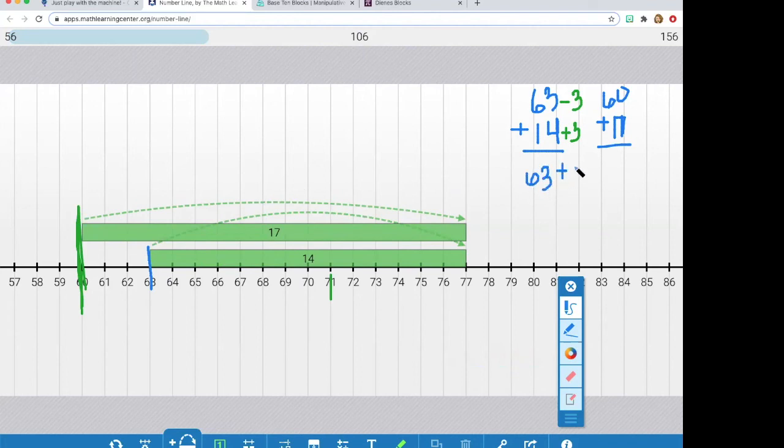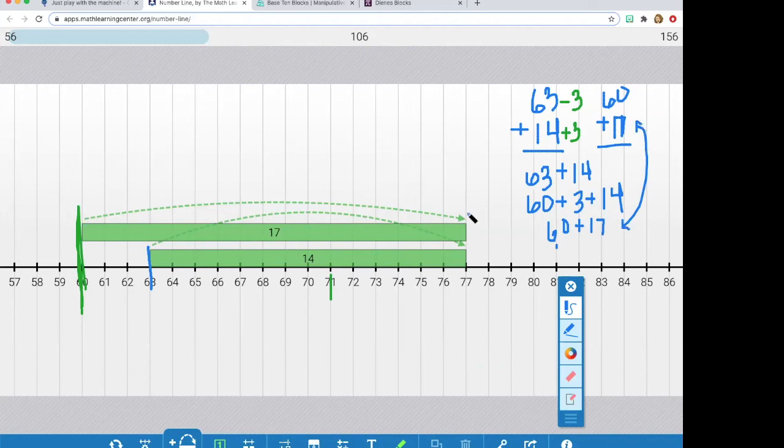63 plus 14, and so I'm going to write it this way in case it helps you too. 60 plus 3 plus 14. And now we can associate the 3 with the 14 and get 60 plus 17. We can see this same 60 plus 17 here and here.